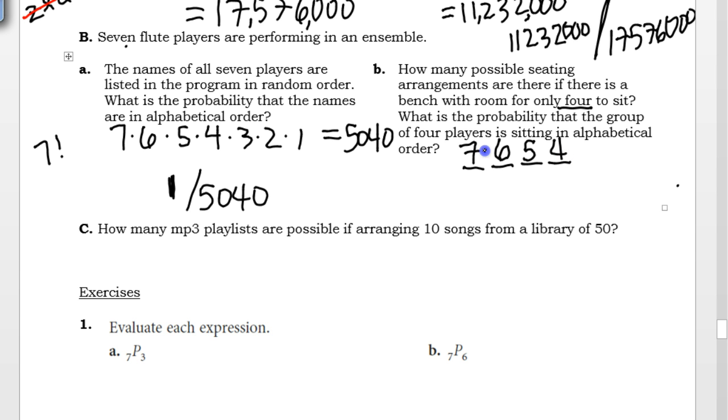Really what I'm doing here is 7p4. Now the fact that it ends in a 4 is kind of coincidental. It's 7p4 because I used 4 numbers. And that gives me 840. What is the probability that the group of 4 players is sitting in alphabetical order?